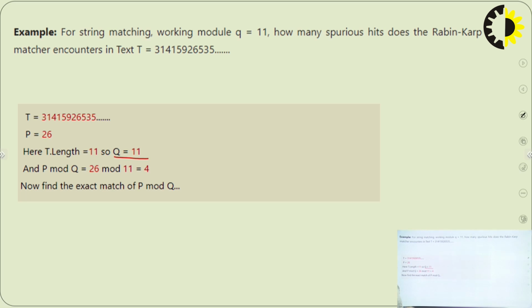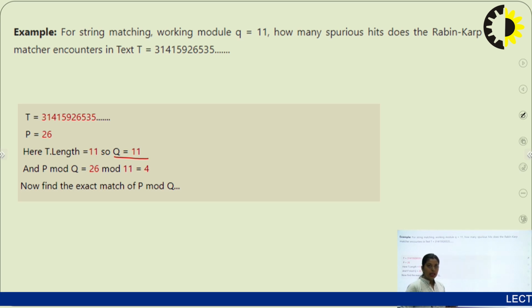In university questions, students don't need to bother about the prime number. If a question comes from this algorithm, the prime number is always given. If not, you can take one yourself.